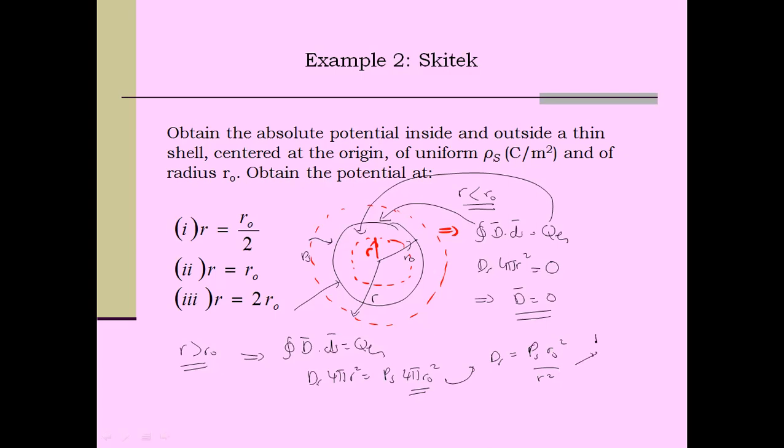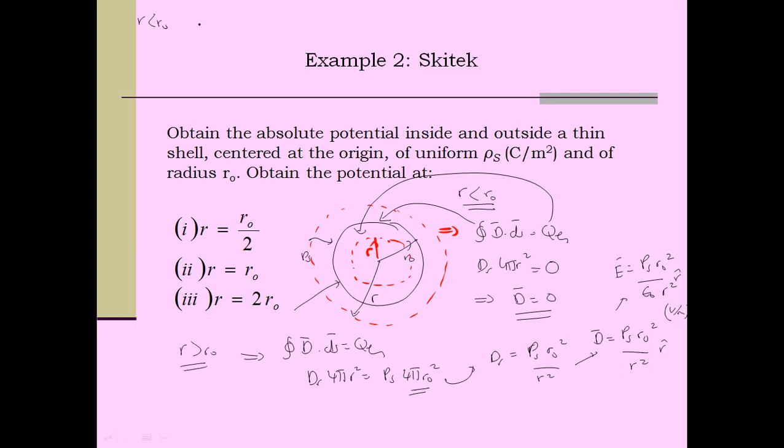Further on we can write that the vector D will be rho s r naught squared divided by r squared in the direction of r, and the E field will be rho s r naught squared over epsilon naught r squared in the direction of r, volt per meter. So we have two values of E field now for the two regions, for r less than r naught.